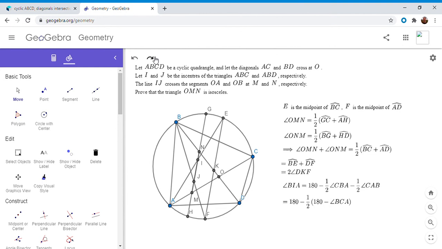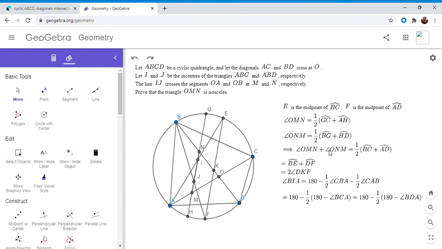So I'm going to just do that, but in the reverse direction. So you know that angle BCA is angle BDA. So this expression is equal to this. But then if we use the same logic for angle BJA that I just did, this would have to equal angle BJA. And so we have angle BIA is equal to angle BJA. And so BIJA has to be a cyclic quadrilateral, which is what we wanted to show.